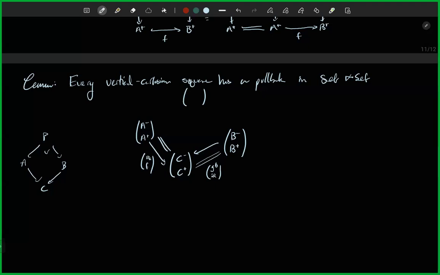So we have these two maps, right? So we know, first of all, that the bottom is id. So in fact, there's no B plus. It's in fact also a C plus. And on the other hand, we know that this top one is just the identity here. So this is no A minus. It's in fact just a C minus. So in fact, our situation really looks like this.